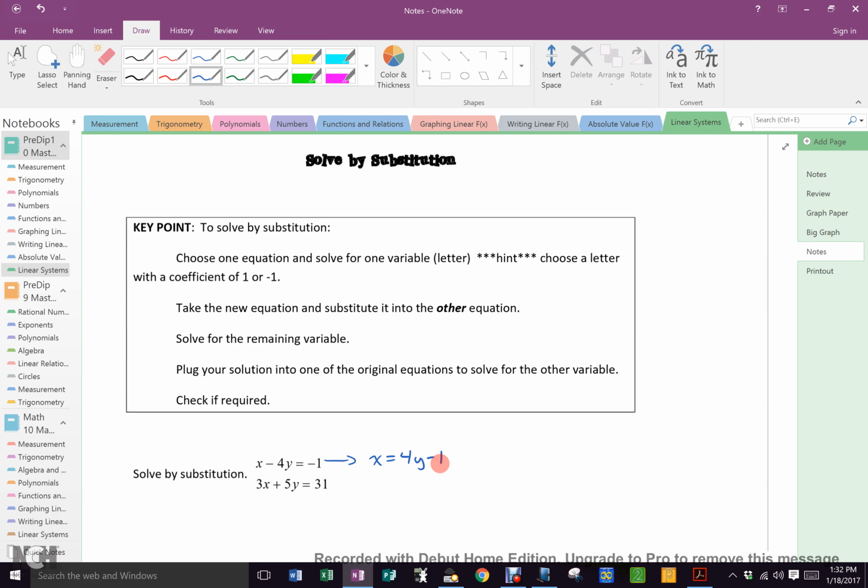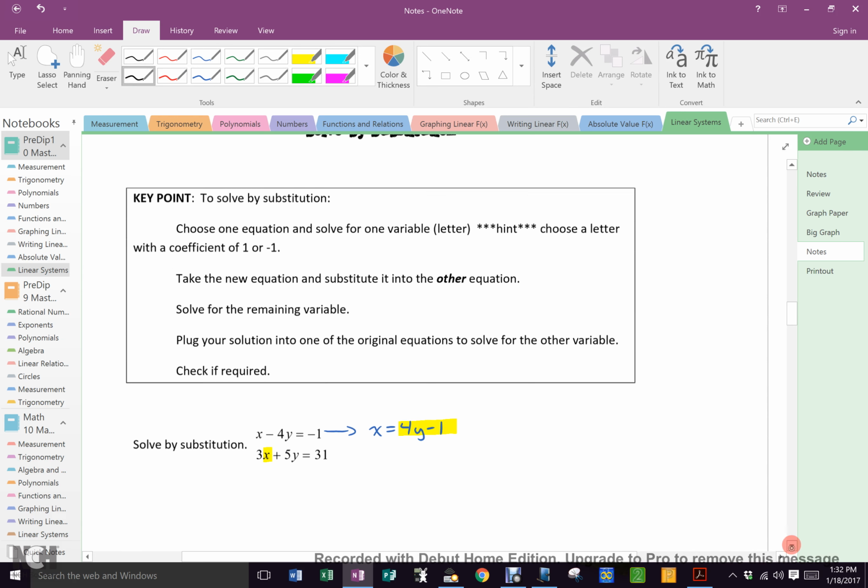I'm still screwed, aren't I? There's still two unknowns, yes? Right? I'm still in trouble until I look at the second equation. Because the second equation, what is right there? An x. What does x equal? 4y minus 1, doesn't it? So what can I do there?